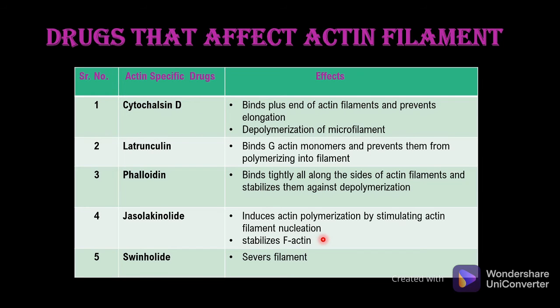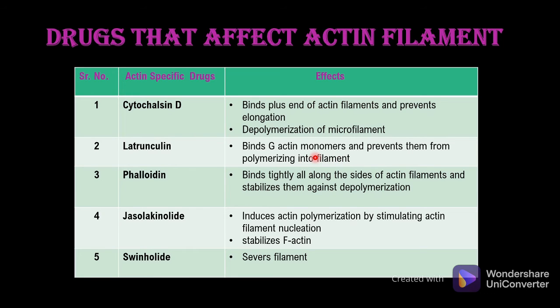Cytochalasin D binds the plus end of the actin filaments and prevents elongation. Also, it plays a role in depolymerization of microfilaments. Then latrunculin binds G-actin monomers and prevents them from polymerizing into filaments.